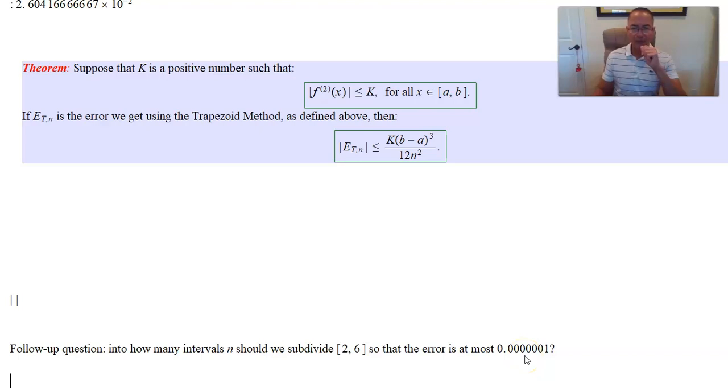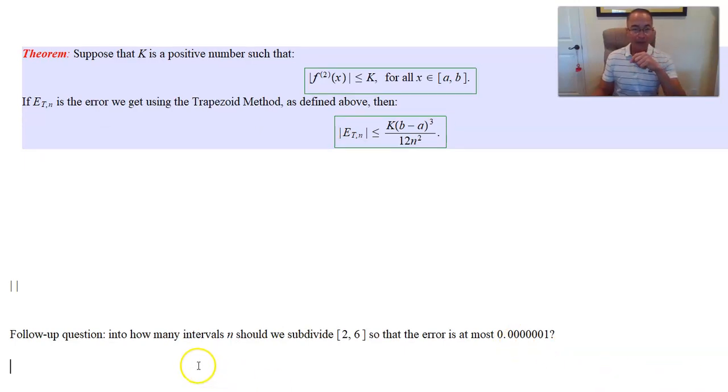So to accomplish that, the easy thing to do is to make this number smaller than this number. Think about the transitive property: if A is less than or equal to B and B is less than or equal to C, then A is less than or equal to C. That will give us what we want.